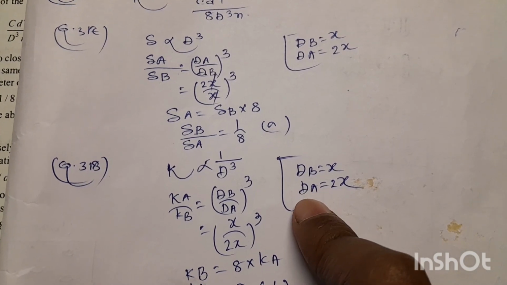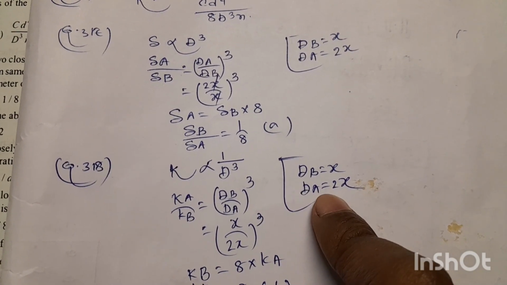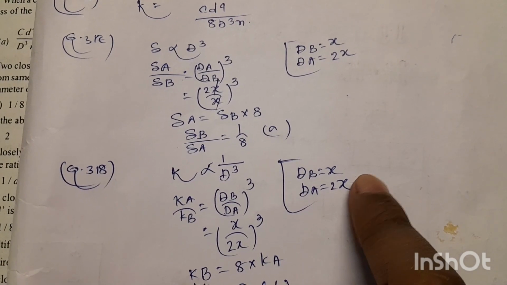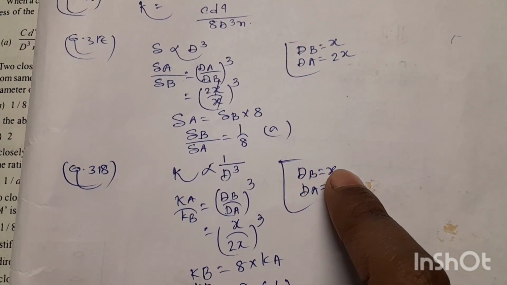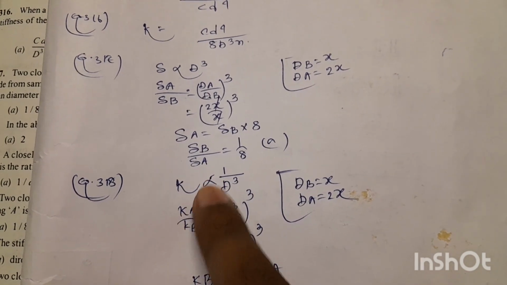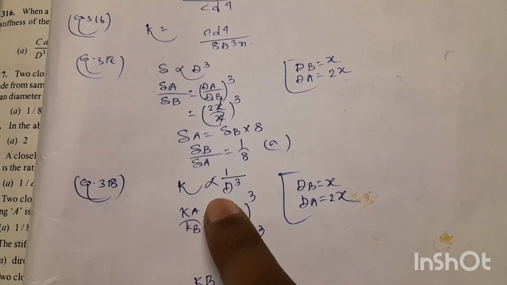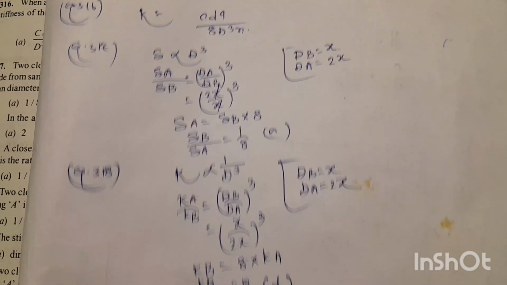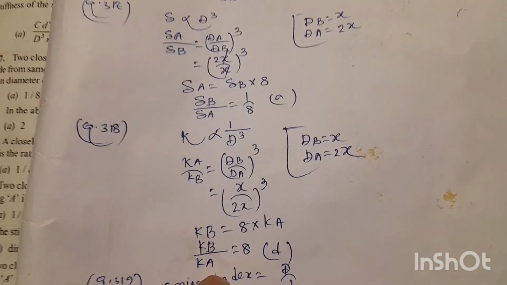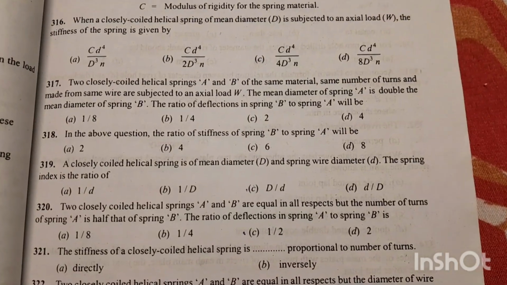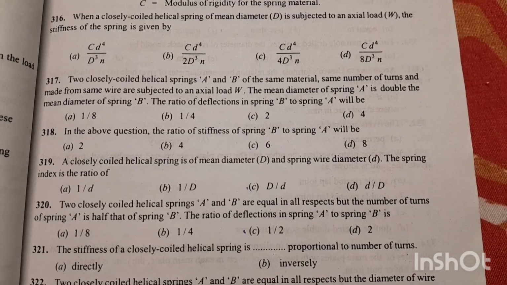From the question, the diameter of spring A is double that of spring B, so dB equals x and dA is 2x. If we take the ratio Ka by Kb, Ka by Kb equals dB by dA whole cube, and if we calculate, Kb by Ka equals 8. So for question number 318, option D is the right answer.